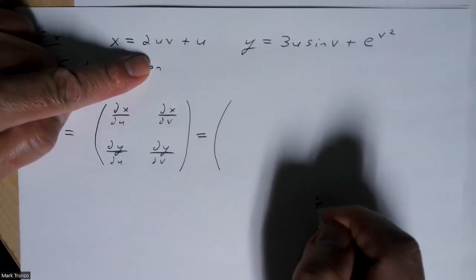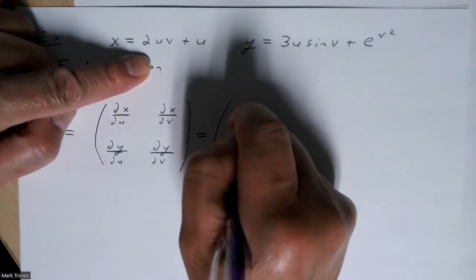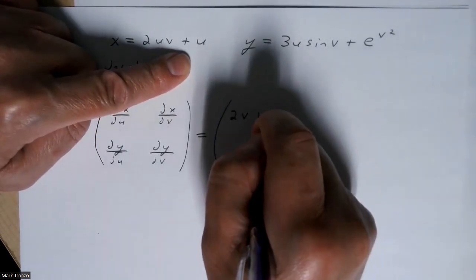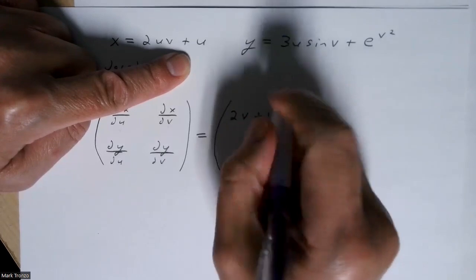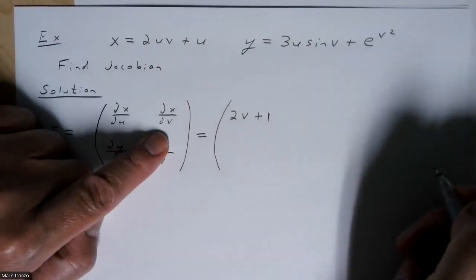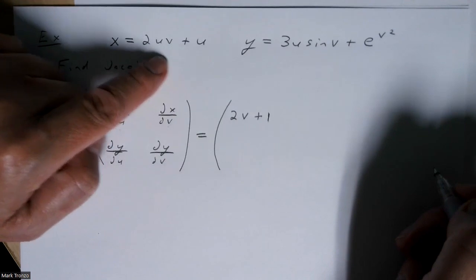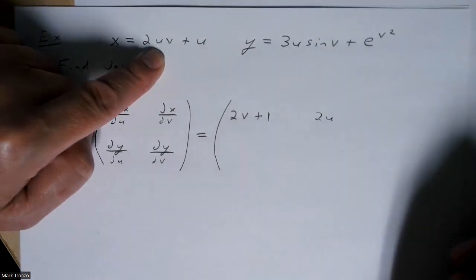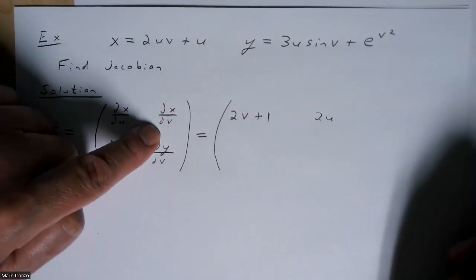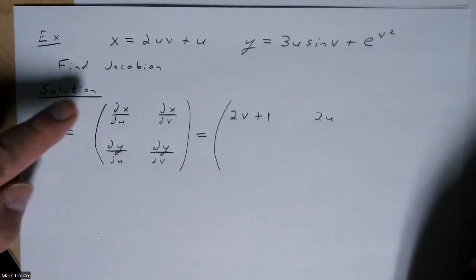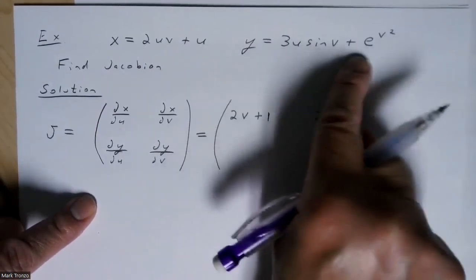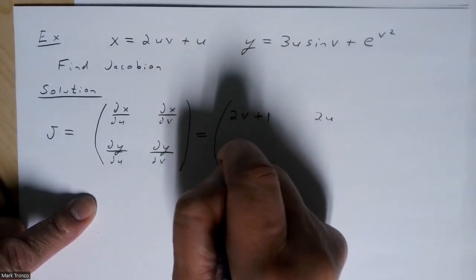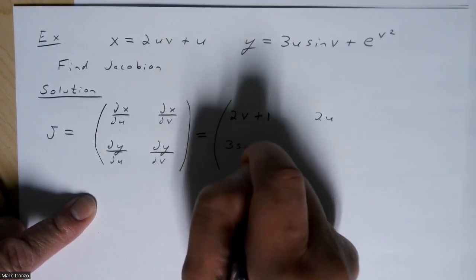And so up here, the derivative with respect to u is going to be 2v plus the derivative of that, just going to be 1. Over here, dx with respect to v is going to be 2u. The derivative of the other term is going to be 0 with respect to v, so we can just leave off the 0. Then the second function, the derivative of this with respect to u is just 3 sine v.